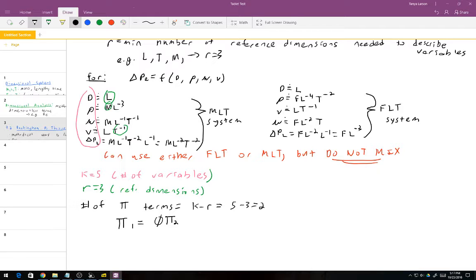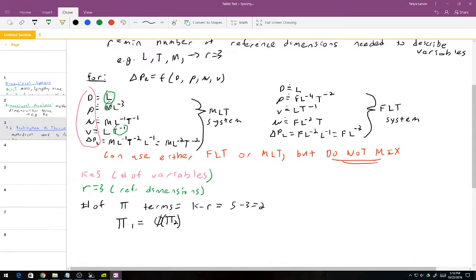And this phi here is just function notation. So I'm going to convert delta PL as a function of 4 variables into one pi term, or one variable, into a function of another variable. So basically I am going to be able to greatly reduce the complexity of the problem using dimensional analysis.